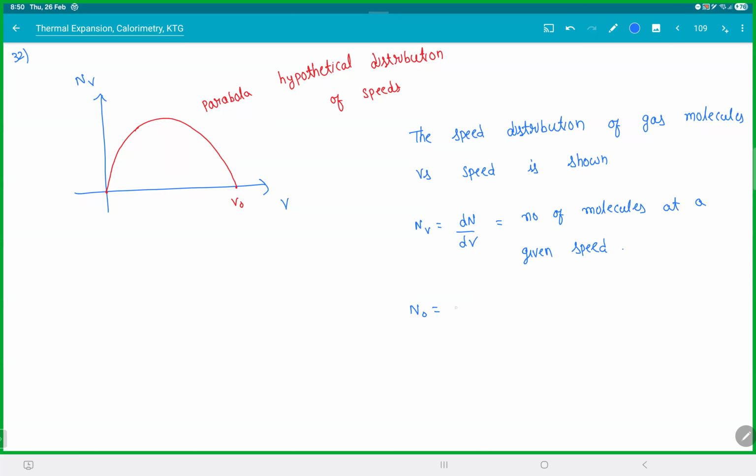N naught is the total number of molecules. First question, find the equation of this curve. Meaning I want the equation between N_V and V.